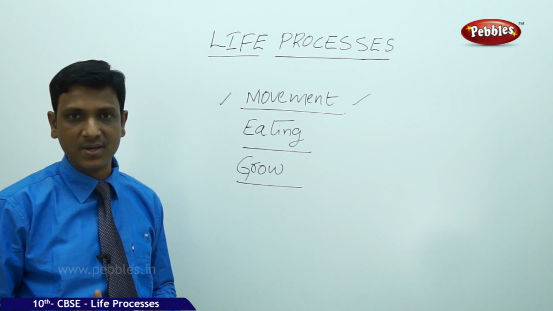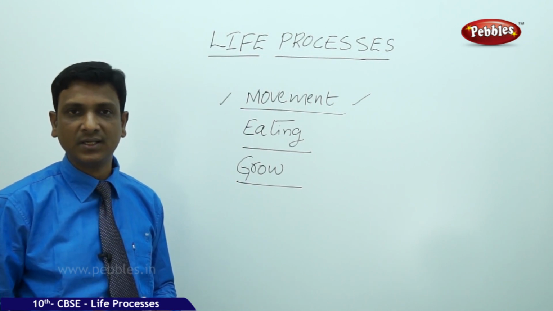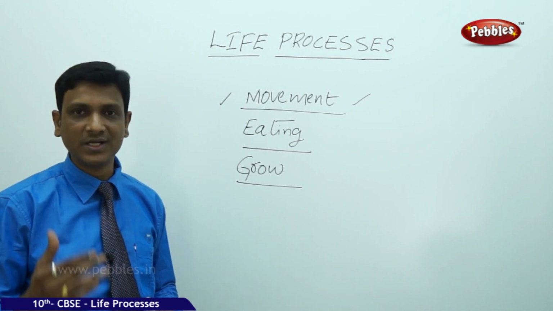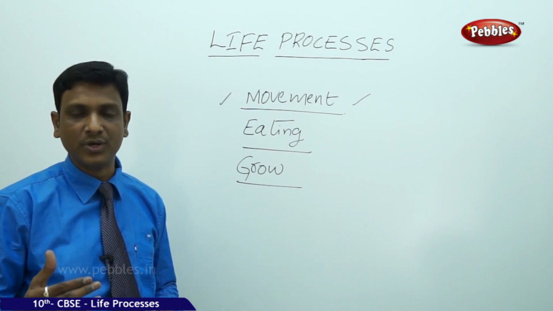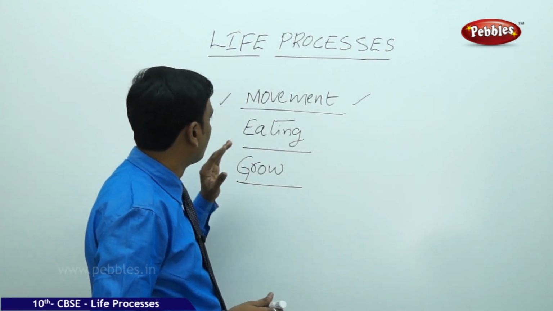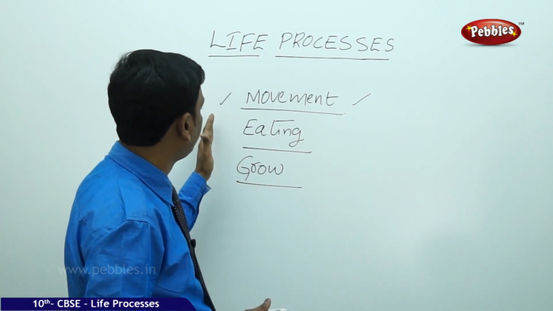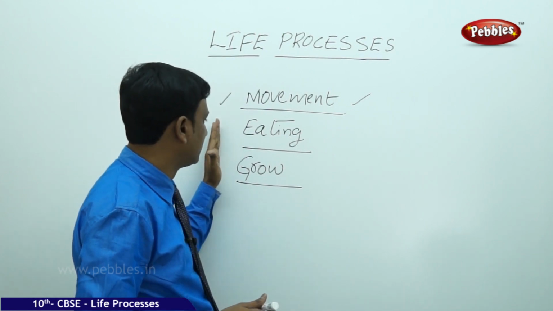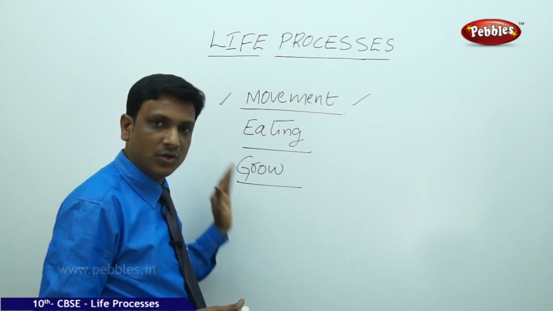A small baby, a newborn baby, grows to a kid, from the kid to an adolescent, from an adolescent to an adult. So movement is one of the features by which we can distinguish living and non-living things. And the second one is eating, taking food, growing.